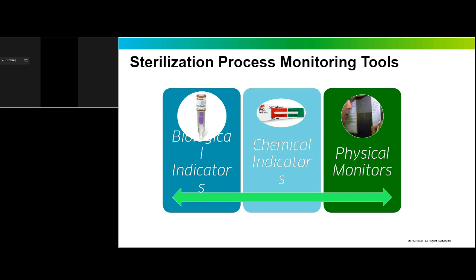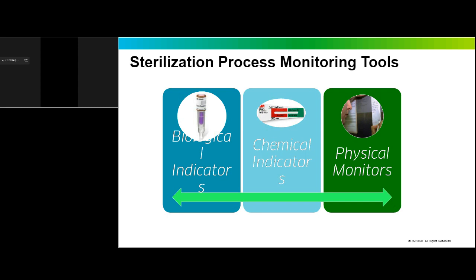So the tools at our disposal are biological indicators, and you might hear me say BIs, which contain live bacterial spores. They can demonstrate the lethality of a sterilization cycle. We also use chemical indicators. Chemical indicators might turn color, or there might be an ink moving front that migrates up into an accept region, and they help determine, depending on where they are placed in the sterilizer and in the package, that sterilant got there.